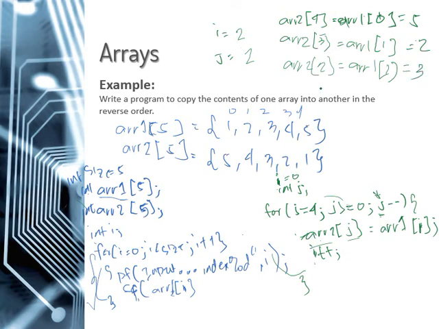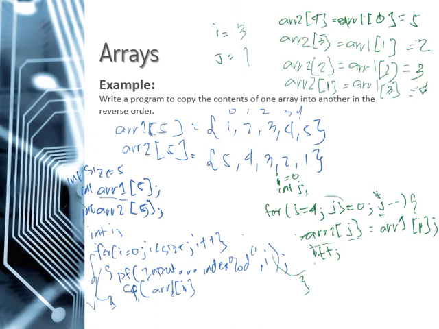Now, it will continue again. Our i increments, so it becomes 3, and our j will become 1. So our next is array 2 at index 1 is equal to array 1 at index 3. So what is at index 3?